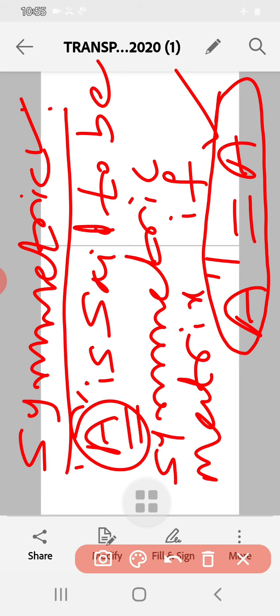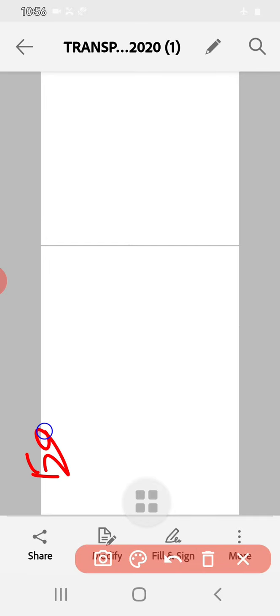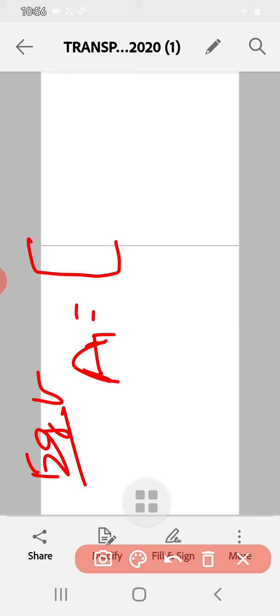Let us understand this by considering one simple example. Examples for symmetric matrix. Let us consider one example here. If A is equal to, let us verify this, 3, 3, 3, minus 1.